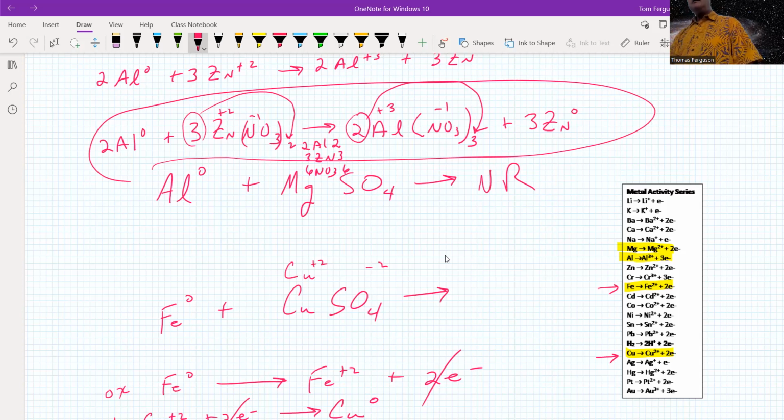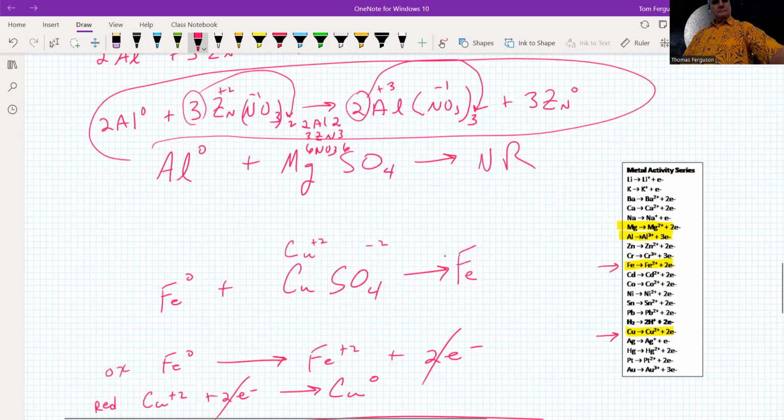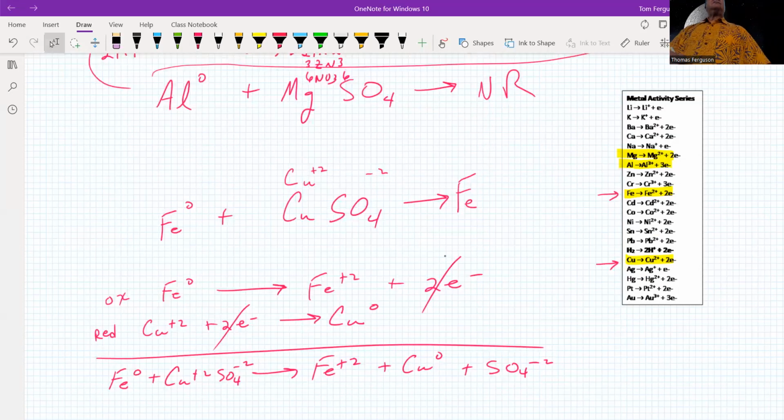Okay, so that means the iron is going to what? It's going to lose 2 electrons. Copper, because it's a +2, will gain those 2 electrons that the iron gave up.